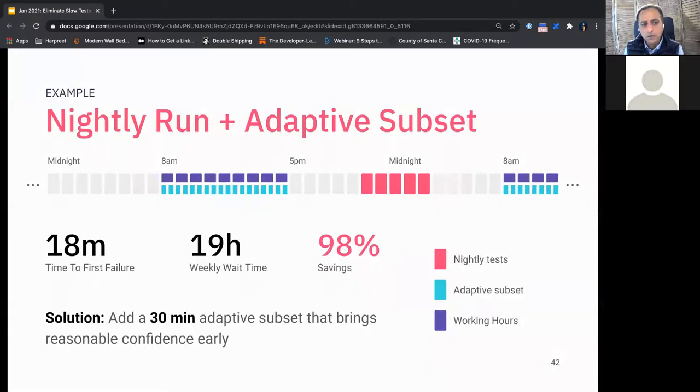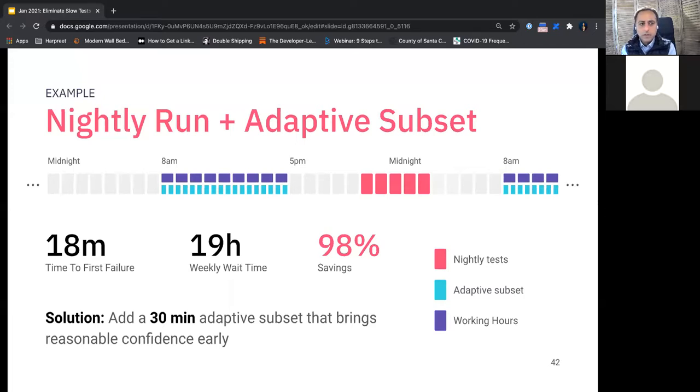So in that worldview, the adaptive subset, which was, let's put a box around this, really makes sense. So in this case, what I'm showing here is that the T line is maybe 30-minute adaptive subsets that run throughout the day. And this box is time boxed, right?